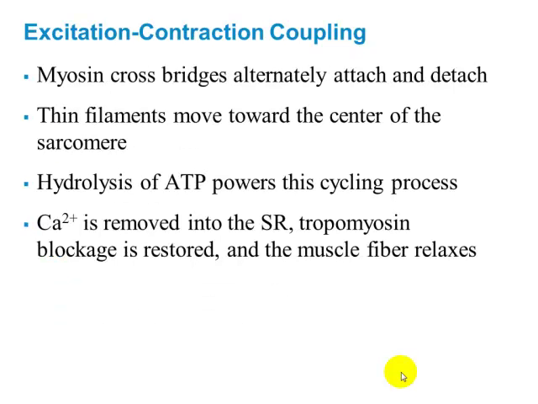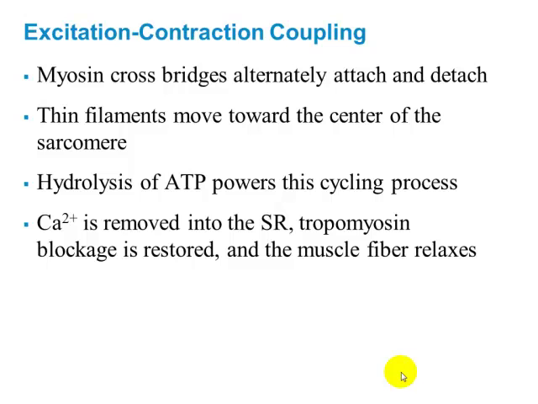That's going to allow the myosin to form cross bridges where the myosin head actually interacts up and into the actin. And we'll see that the thin filaments are going to move towards the center, and that's going to shorten the sarcomere. Right. ATP is important here. Right. So that's how we have that excitation-contraction coupling.